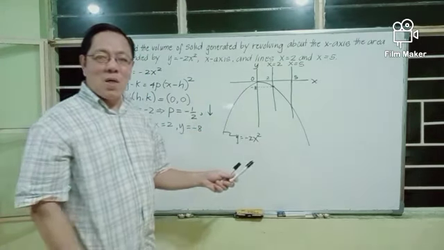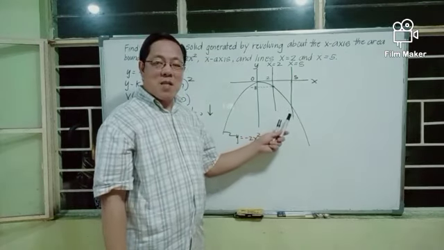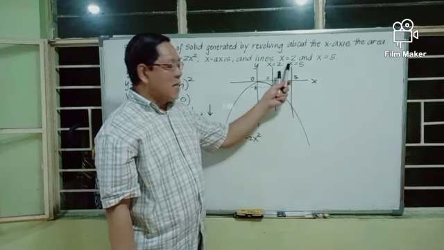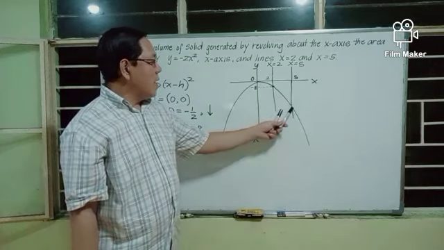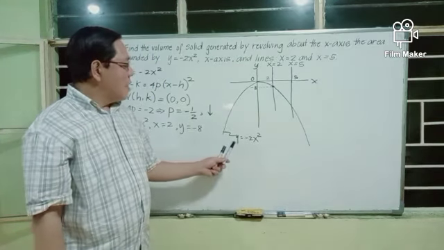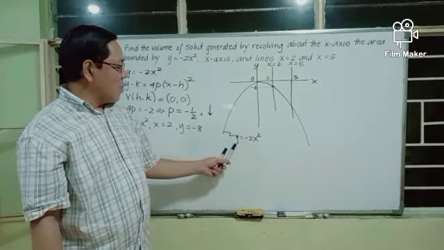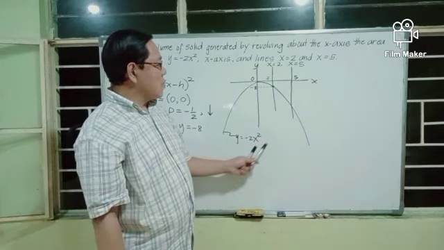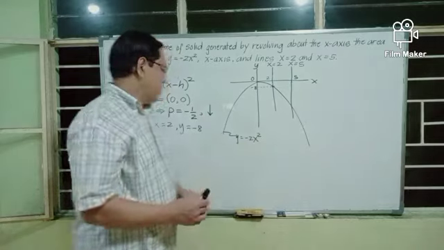Now we find the coordinates of the point of intersection of the line x equals 5 and this parabola with the equation y equals negative 2x squared. Again, we solve the equations y equals negative 2x squared and x equals 5.